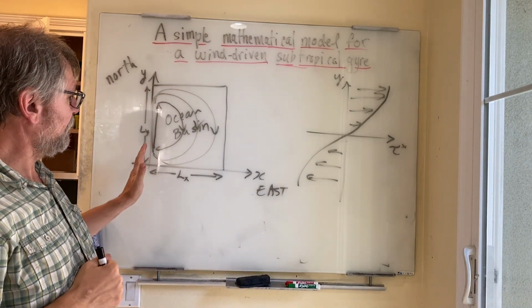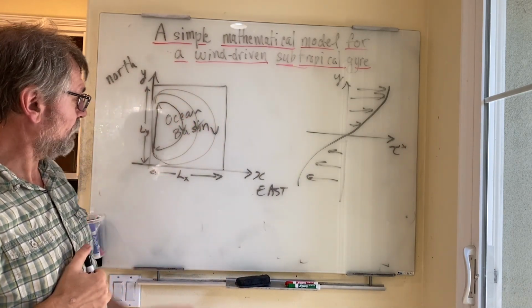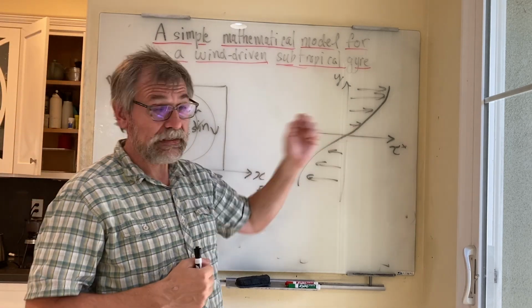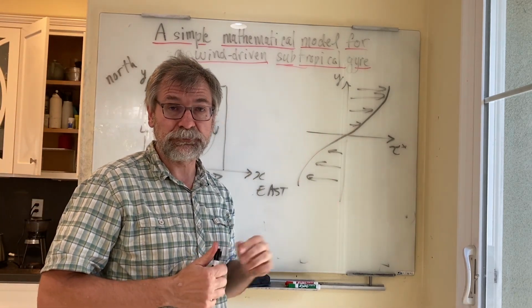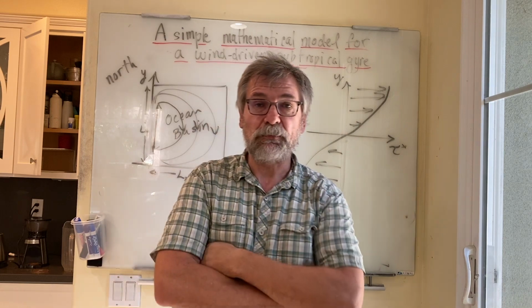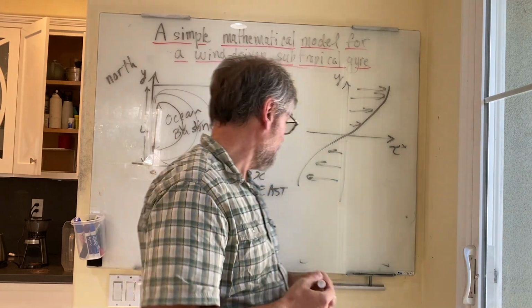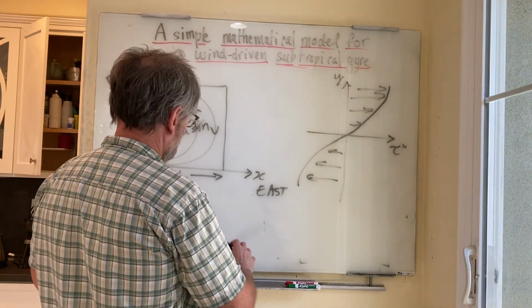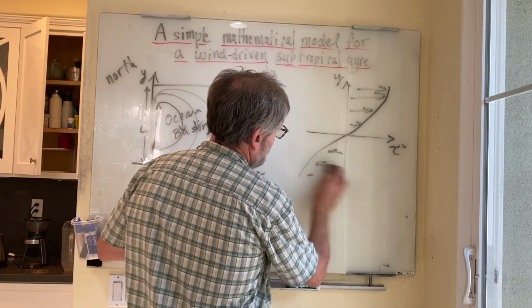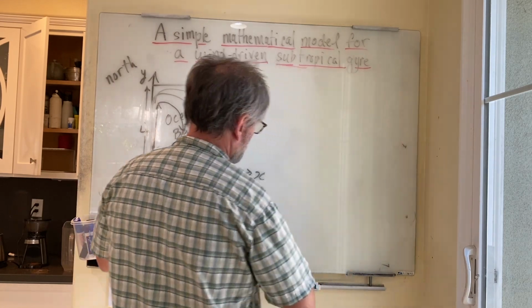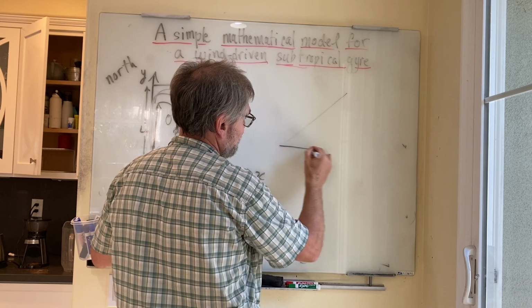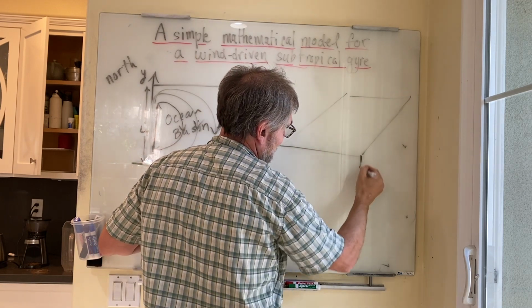All right, so this is the domain we're going to have, a rectangular domain, with an idealized wind stress that's purely zonal. And the way we're going to build the model is we're going to assume an ocean basin that is finite depth everywhere. So it'll be an ocean basin, if I try to do a 3D plot, something like this.